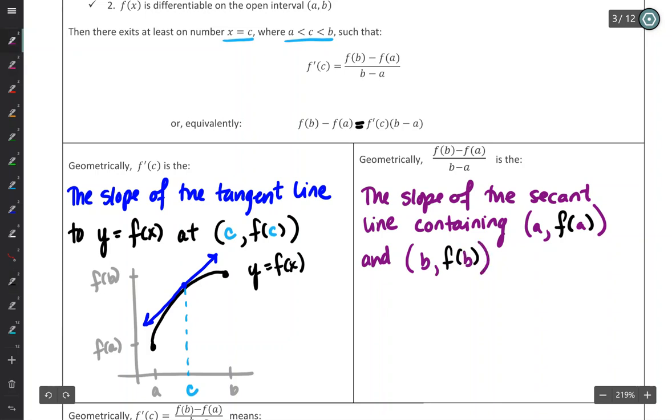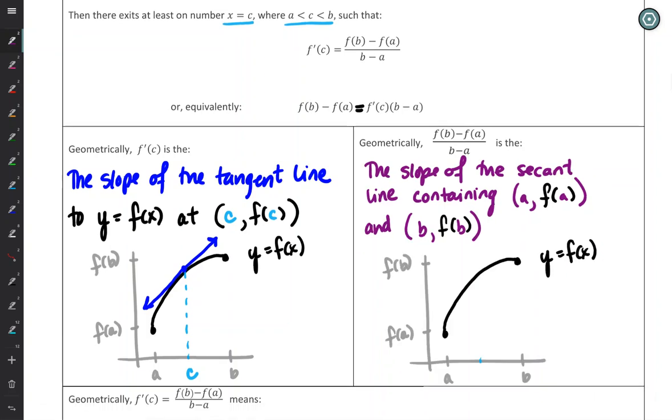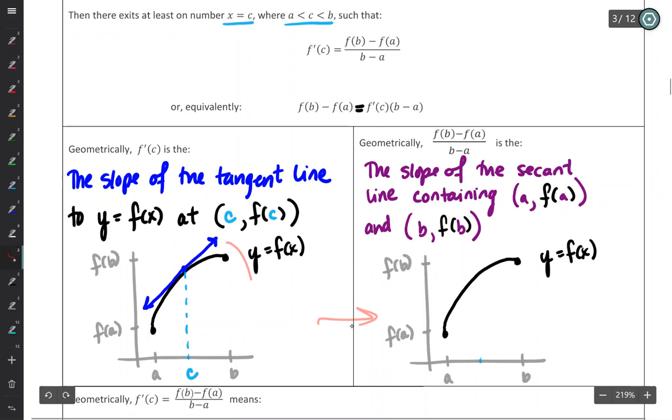Okay, we'll draw a picture. Okay, so I've just got this picture over here, and I'm going to go ahead and draw in my secant line.